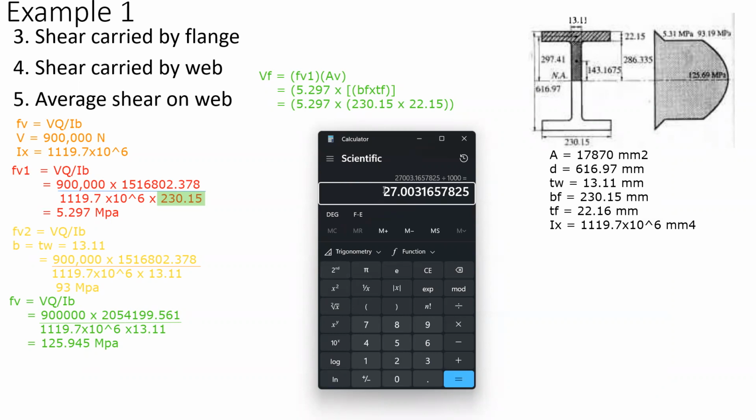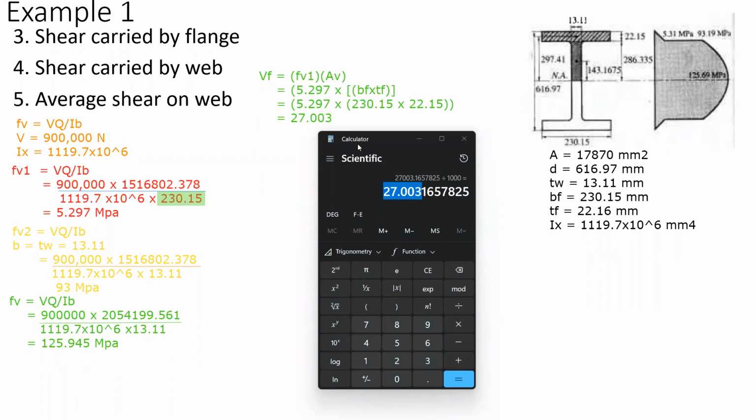We have 27 kilonewton. So let's put that here, 27.003. And this is the shear carried by the flange.